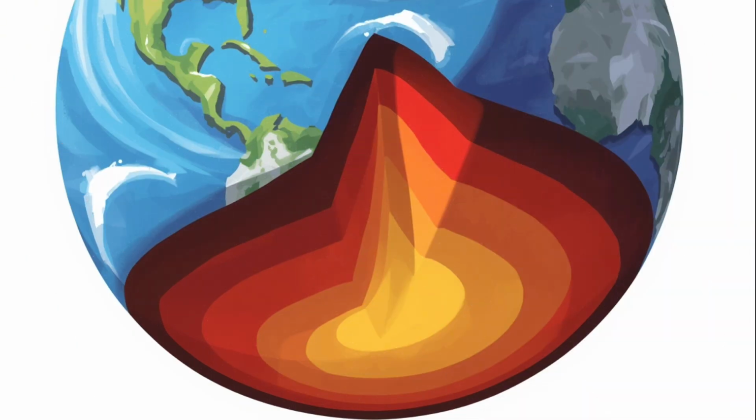Landforms are the physical features created through this movement and through other processes like wind, water, and ice. Mountains form where forces push the crust upward, while valleys appear where the land sinks or erodes. Plains stretch across areas where sediments have settled, creating flat, open spaces.